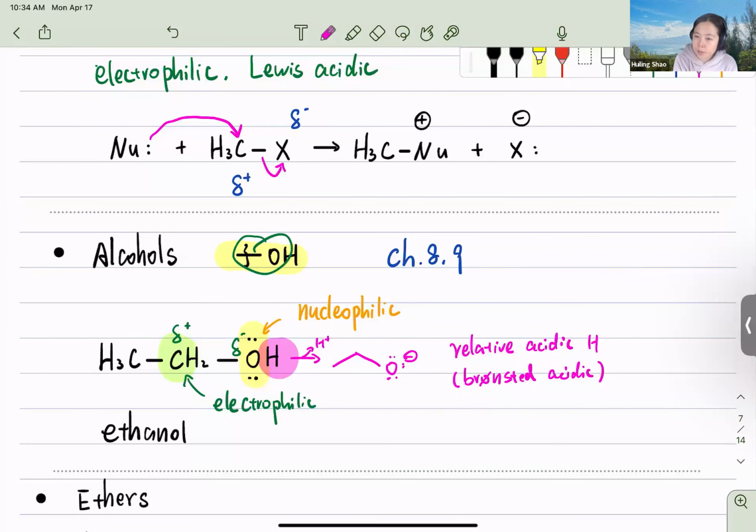What I expect you to know is, given any molecule, you can analyze what potential roles this molecule can play in some chemical reaction by looking at its functional groups and understanding how these functional groups act in an organic chemistry reaction. We'll see some examples together. So this part is the alcohol.